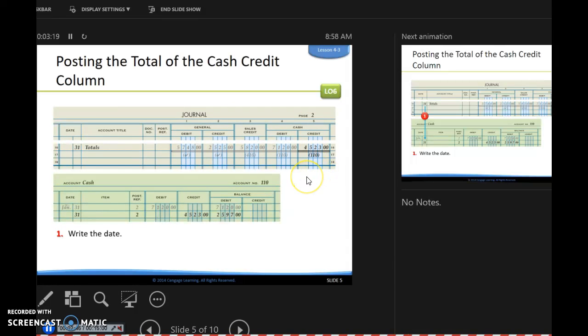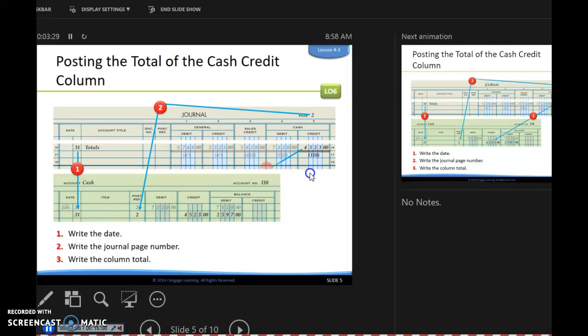Okay, then we have the cash credit column. So this would be another line on your cash account. So the 31st, journal page 2, the column totals. This one's coming from the credit column. So now we have to calculate our new balance. So remember, when we have a debit and a credit, we have to subtract.